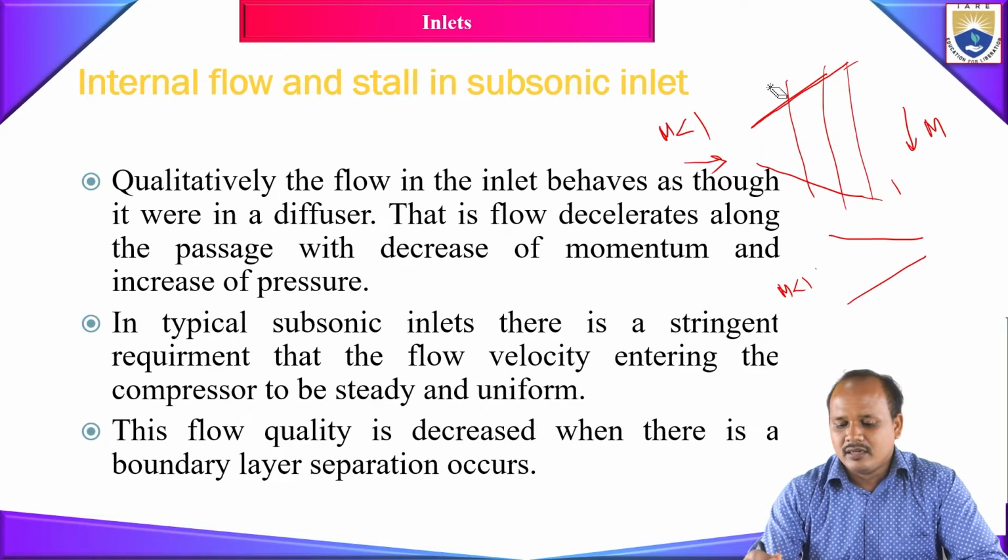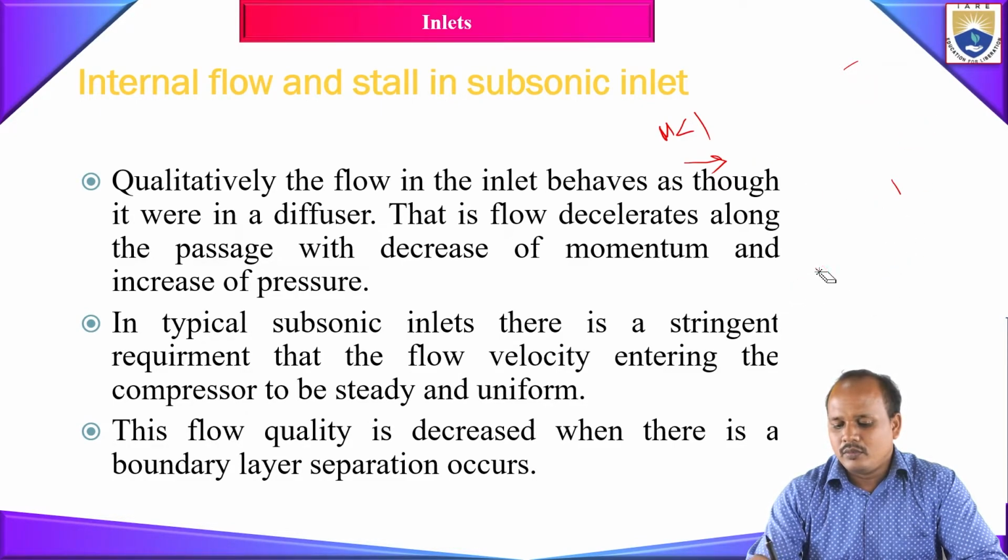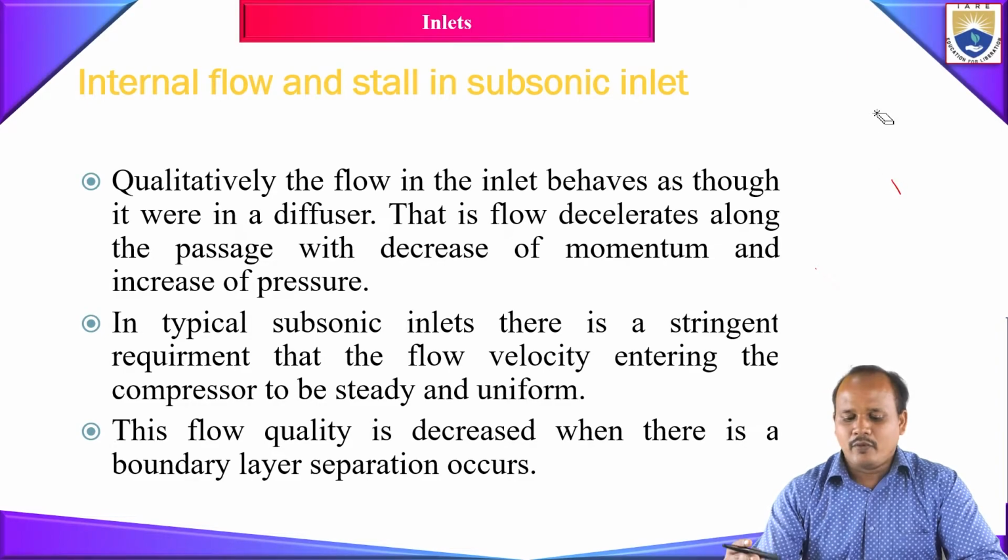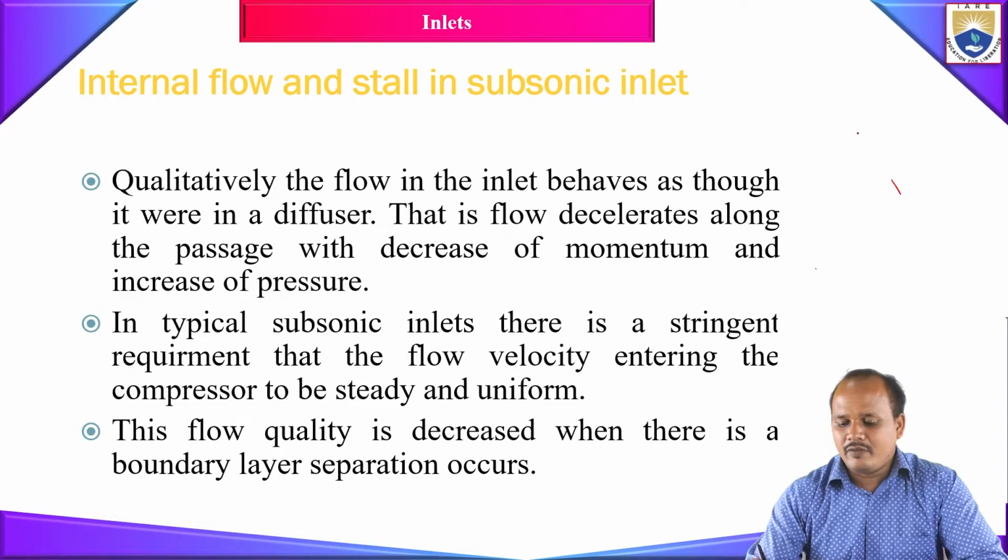Since this intake is made by a solid wall, whenever a flow is moving over a solid wall, we will have the boundary layer formation, right? We'll have the boundary layer formation across the entire periphery of your intake.